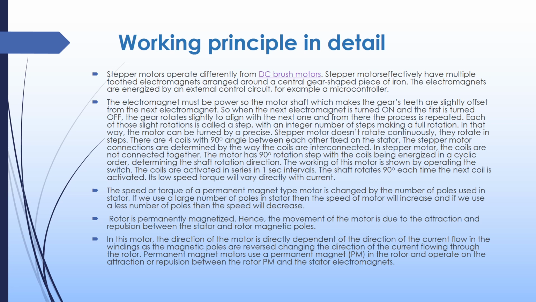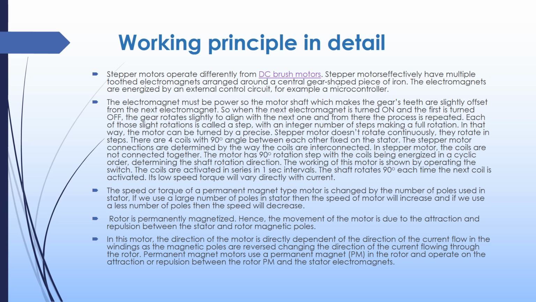The stepper motors do not rotate continuously. They rotate in steps. The four coils with a 90-degree angle between each other are fixed on the stator, which is 360 degrees divided by 4. The stator motor connection is determined by the way the coils are interconnected.